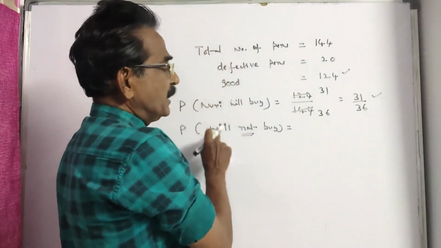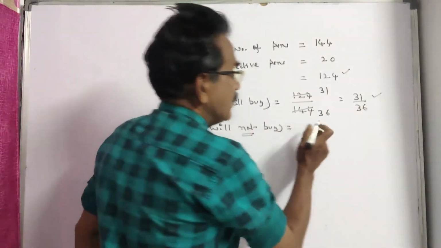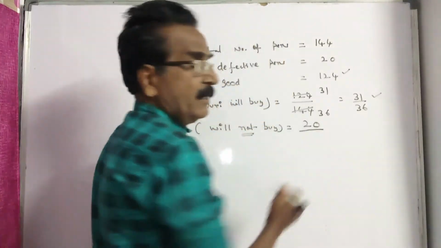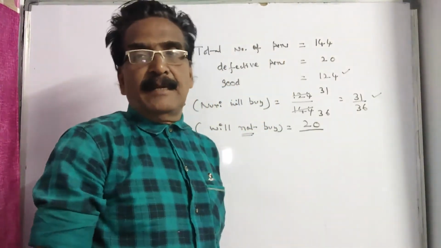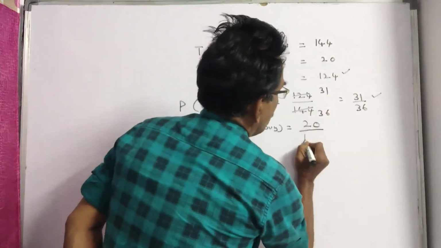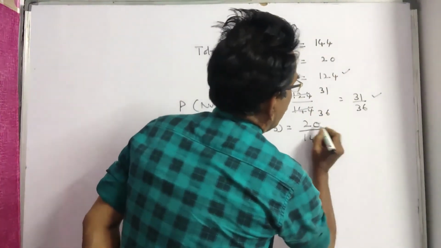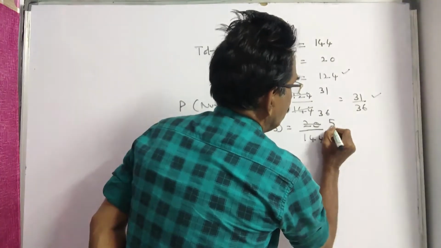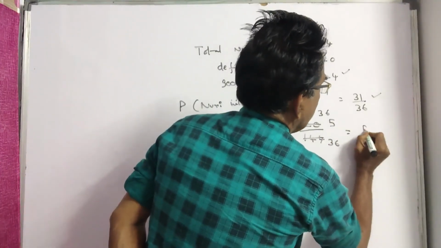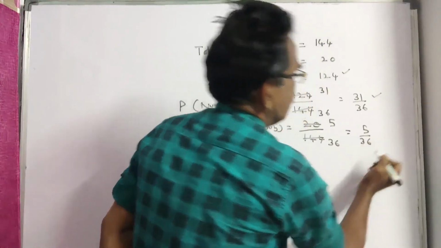So the probability that Nuri will not buy is favorable cases 20, defective pens, over total number of outcomes 144. 20 by 144, for 4s 5, for 4s 36. So the required probability is 5 by 36.